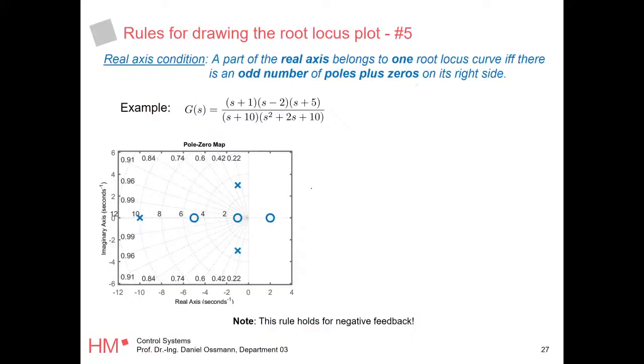on its right-hand side. So take this point, right-hand side, there are zeros. It's not an odd number. So this here should not belong to the root locus curve, right? Take this point here. On the right-hand side, there is 1. So maybe, no, not maybe, this part here should belong to the root locus curve.